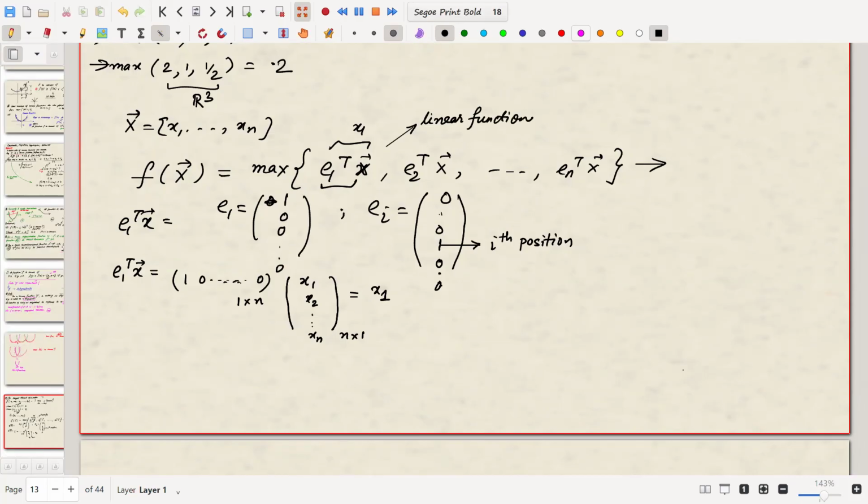So what you are taking is the max of linear functions. Is the maximum of linear functions a convex function?